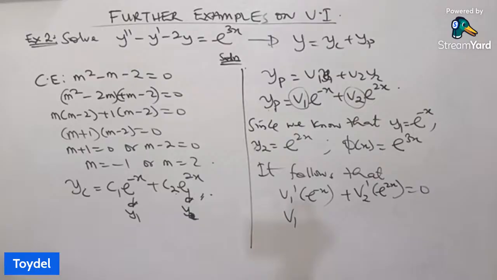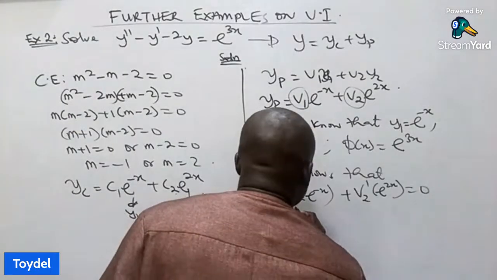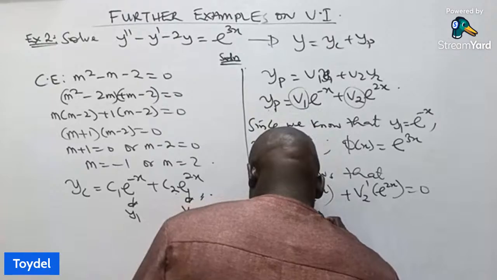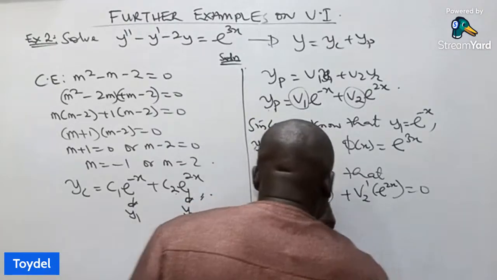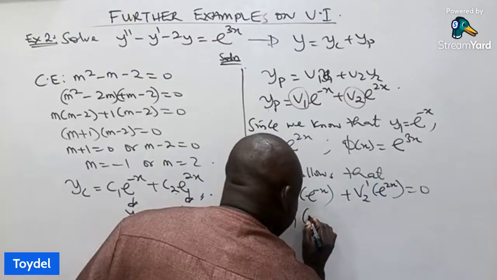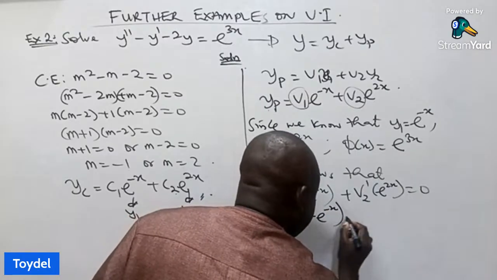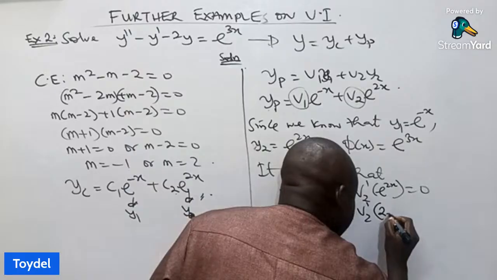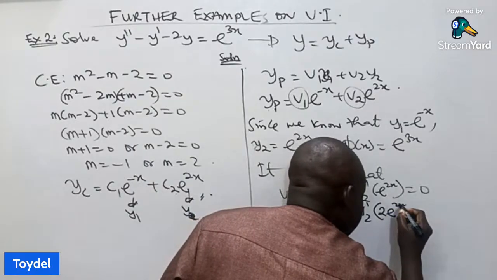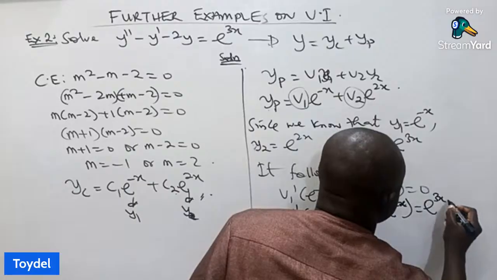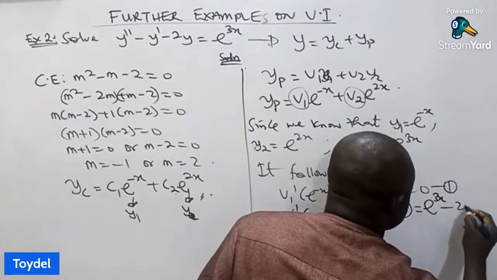So this is v1 prime into bracket, when we differentiate e to the minus x we have minus e to the minus x, plus v2 prime into bracket, when we differentiate e to the 2x we get 2e to the 2x, equal to e to the 3x. These are equation 1 and equation 2.